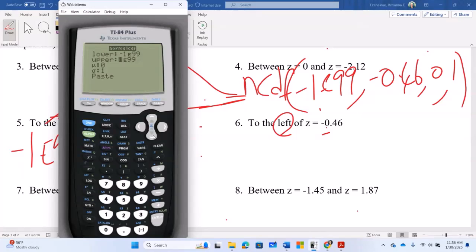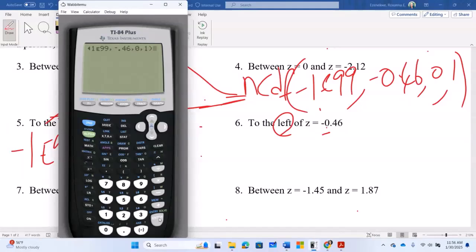So you have told your calculator that you're looking for area from negative infinity to the upper number, which is negative 0.46. I'm told to find the area between negative infinity and that negative 0.46. The mean of a standard normal is 0. Standard deviation is 1. Calculate.